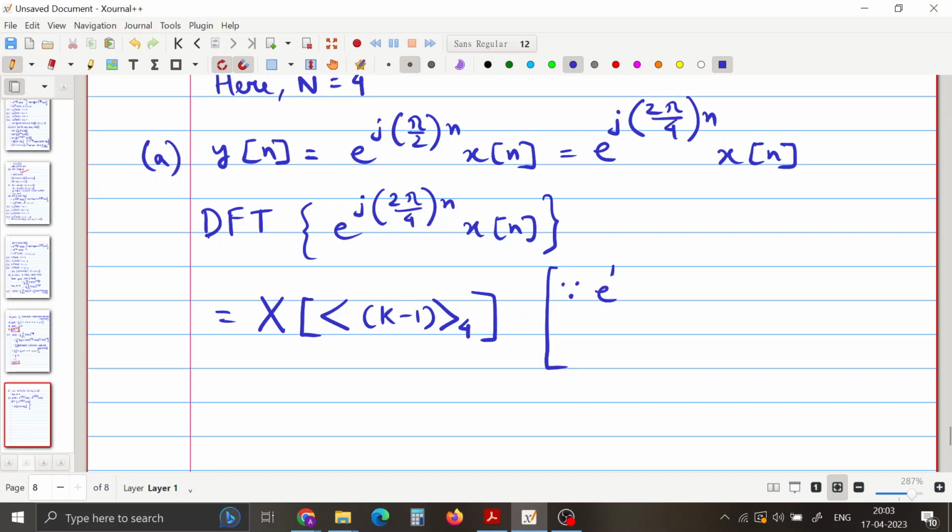The property is this: whenever you multiply a complex exponential e power j 2 pi L n by cap N to x of n, the corresponding DFT will be the shifted version of the original DFT by L units.